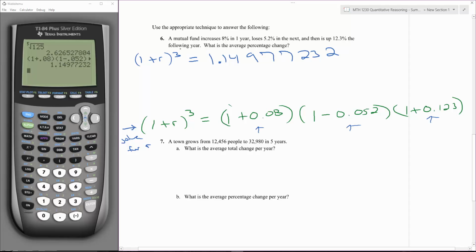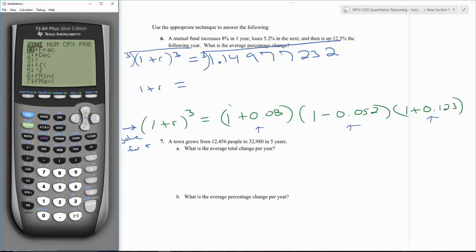Then to solve for r, I want to get rid of this exponent, so I have to do the cube root to both sides. So 1 plus r equals whatever the cube root of that is. I actually have a button that does cube root. If I go into my math menu, I have this option that does a cube root already, because square root and cube root are pretty common.